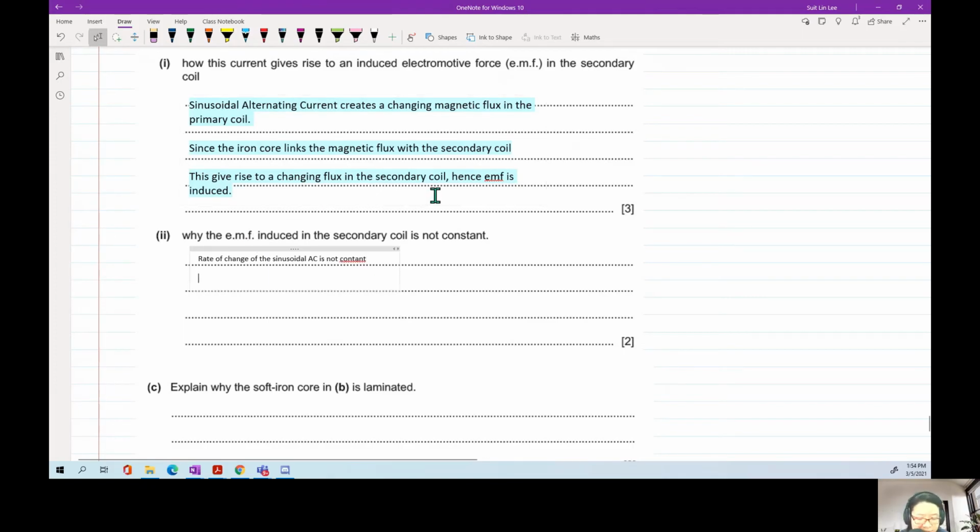Faraday's law states that EMF is directly proportional to the rate of change of flux. Something like this. I will draw some drawing later for you.